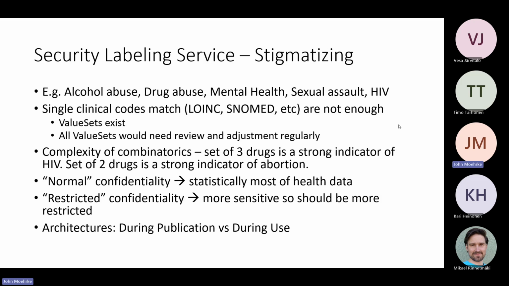And then there's a section in there, I hinted at it, specifically around security labeling service of stigmatizing information. So some examples: alcohol abuse, drug abuse, mental health, sexual assault, HIV. These are just examples, right? And within there, there are some examples of value sets.